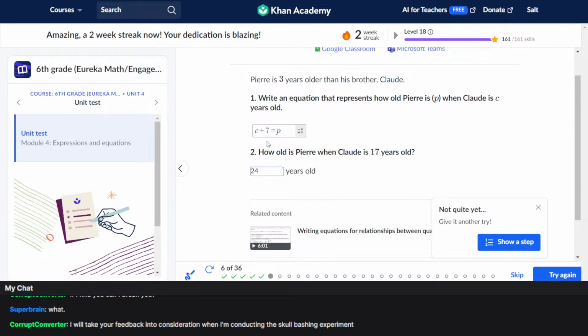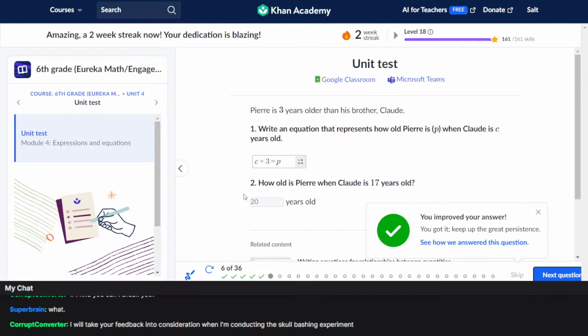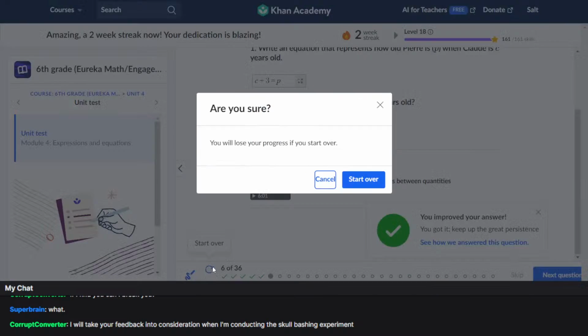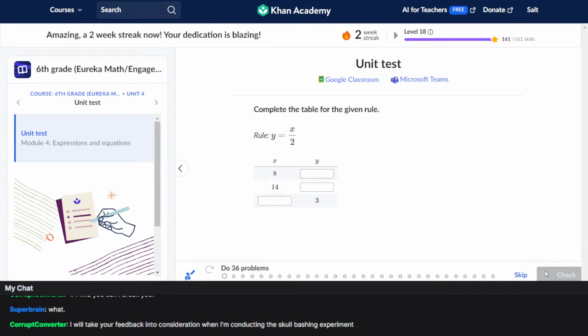Wait, no, but Pierre's 3 years older. Why do I have 7? Why did I put 7? Because I saw 17 and then I just... Why did that happen? When brain.exe just fails for no reason.